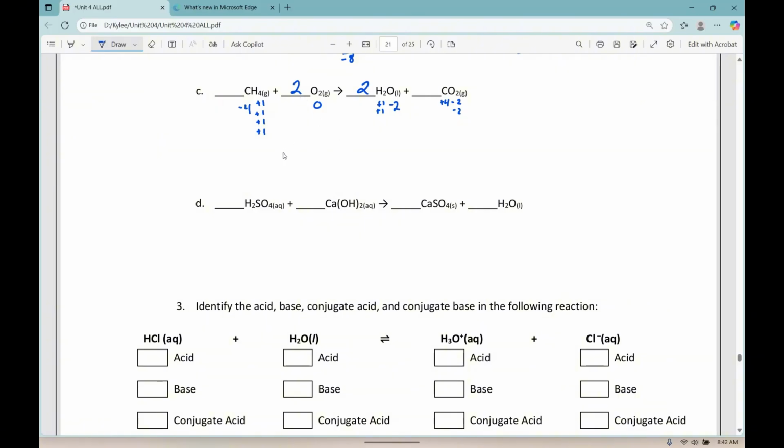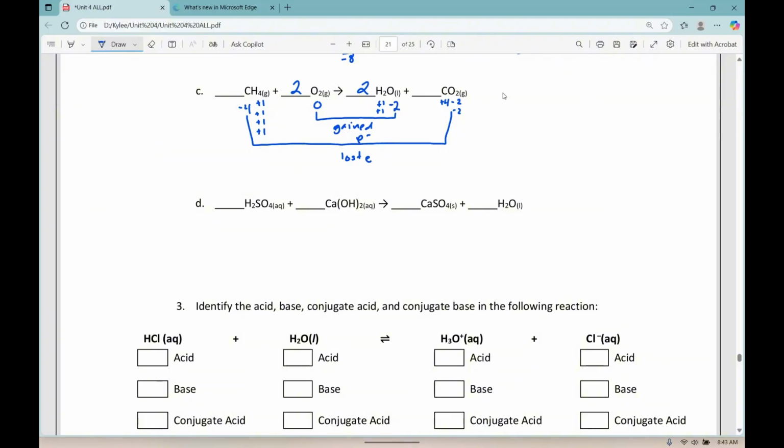As far as oxidation and reduction, I noticed that oxygen went from 0 to -2, which means it has gained electrons. And then carbon went from -4 to +4, so it actually has lost electrons.